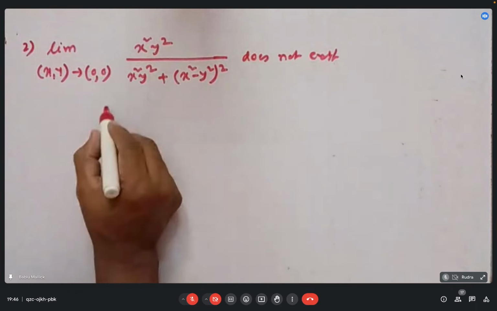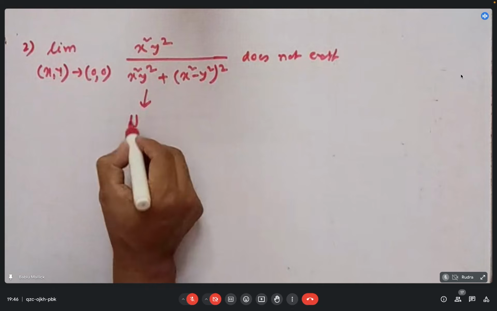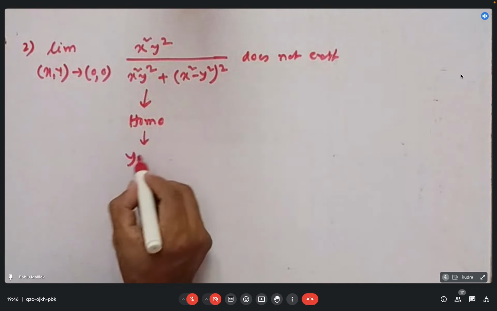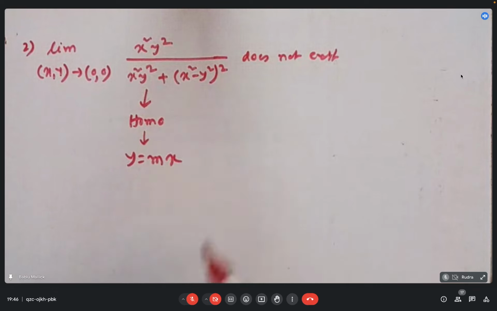Look, it is also homogeneous. So you will choose the path y = mx. That is your homework. You will do it.